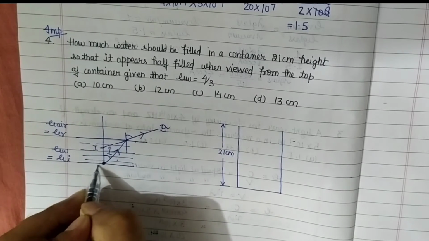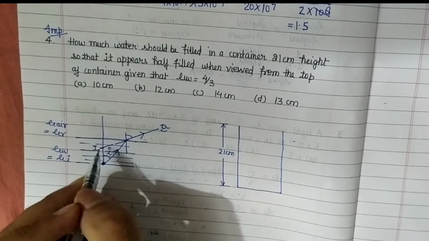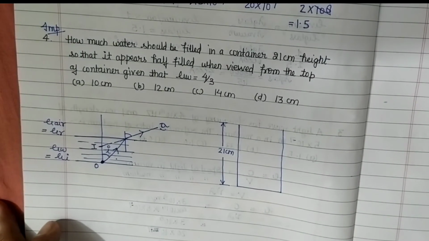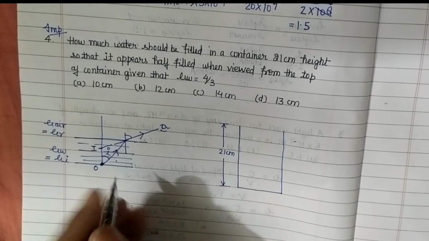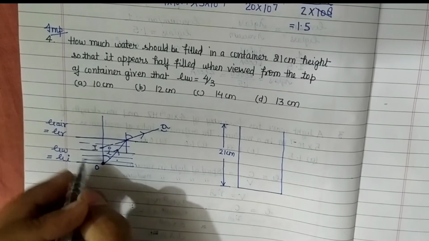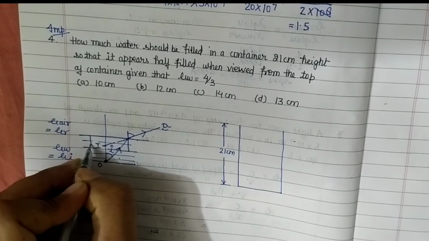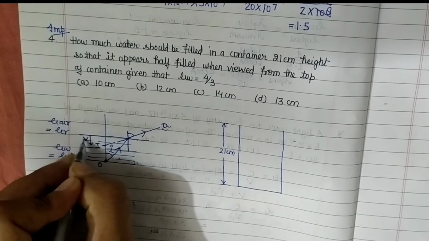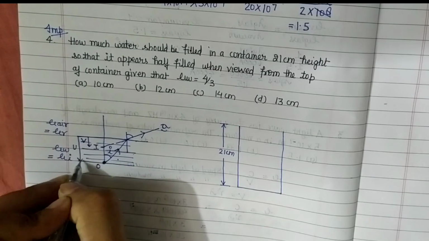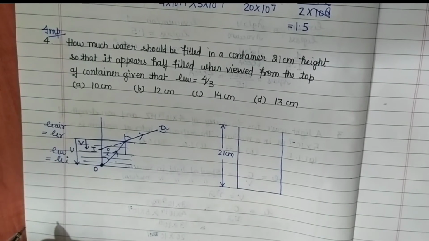The image of this object O will be formed here. Since we are doing the numerical, we will not go into the theory of deriving the formula. Suppose this is V, and this is U. U is the object distance, V is the image distance.